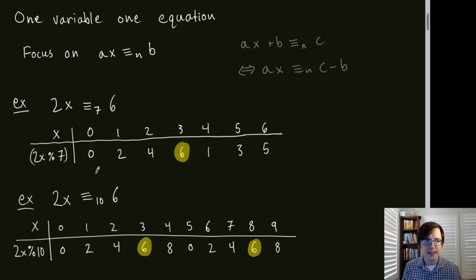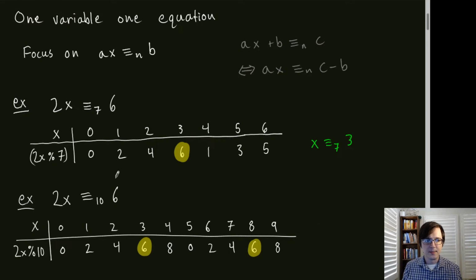So in this table, I have 2x mod 7 all the way along, and it's a pretty easy table to make, so it's not so bad of a brute force thing for such a small number, where I just went along adding 2 each time, and then once I got past 7 I wrapped around back to 1 and then continued. And one thing that we can see from this is that 6 appears exactly once, so x is congruent mod 7 to 3. That's the only solution.